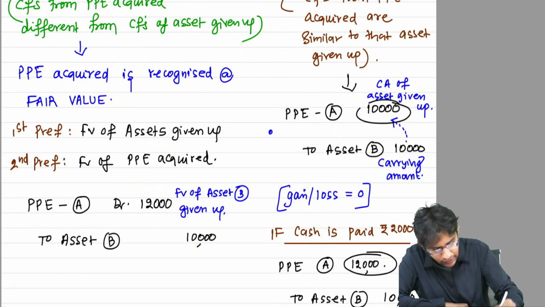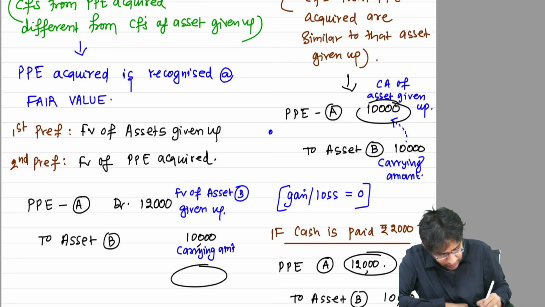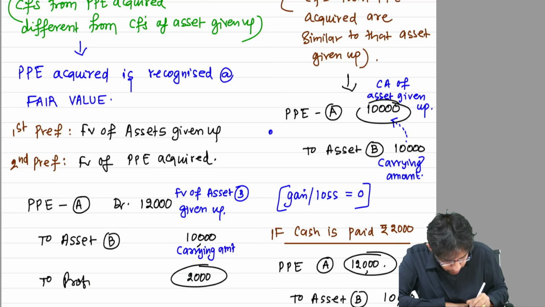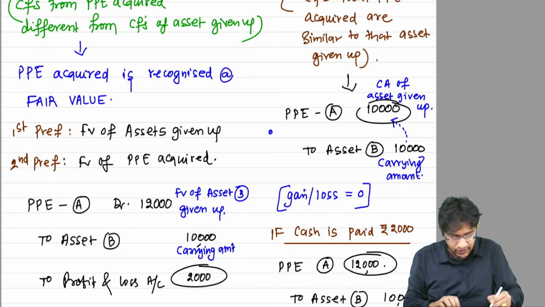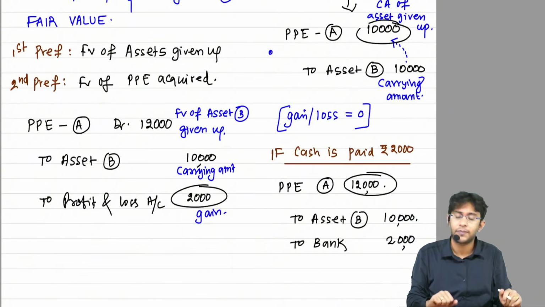To remove anything, you have to credit that amount with carrying amount. You see the entry is not tallying. This will go to your profit and loss account. This is clearly gain on exchange. Loss also is possible. Here gain has come.